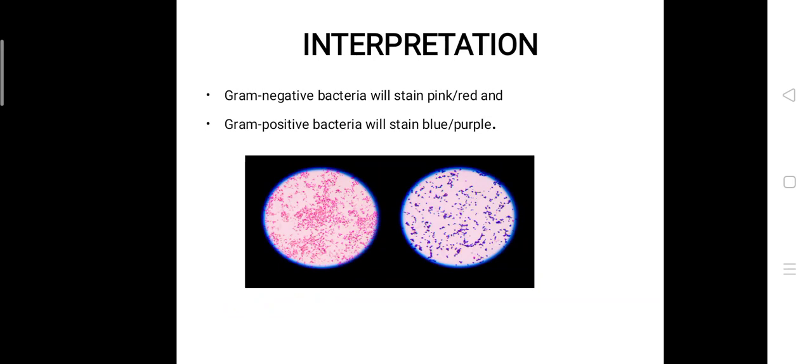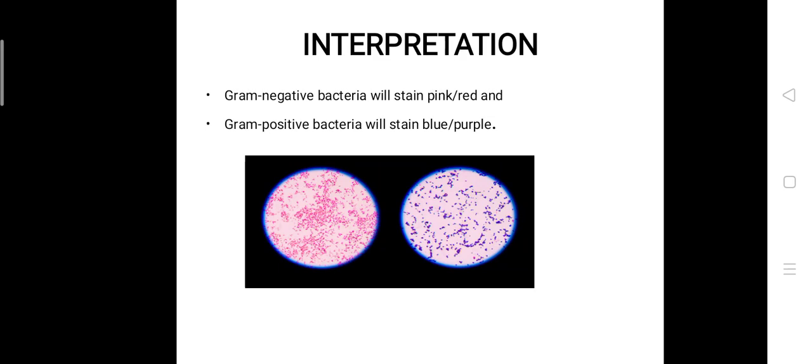As I have said in the principle, the gram negative bacteria will stain pink or red in color as they have a thin peptidoglycan, therefore they retain the counter stain, red or pink in color. Here I have given the image itself, the first one, which is pink in color, you can see clearly.